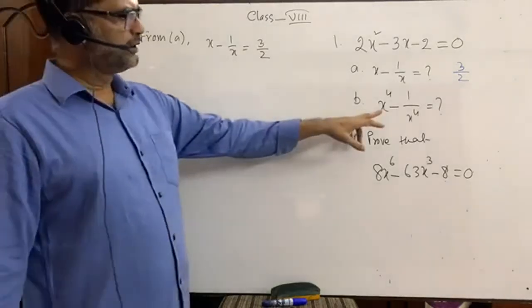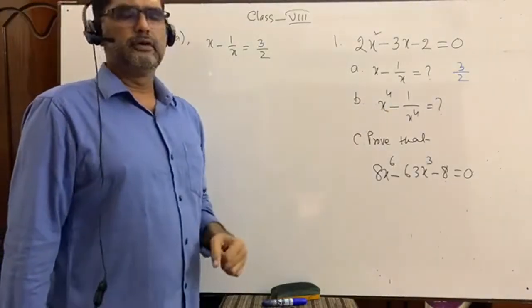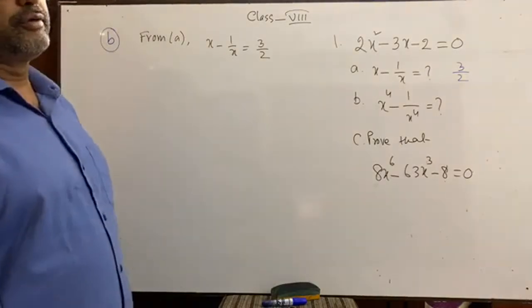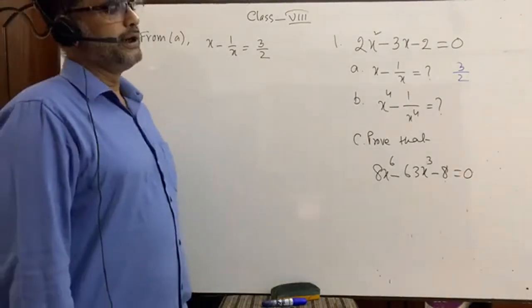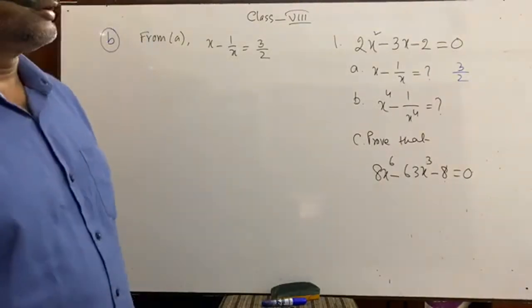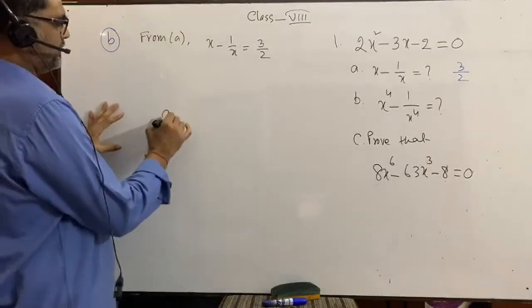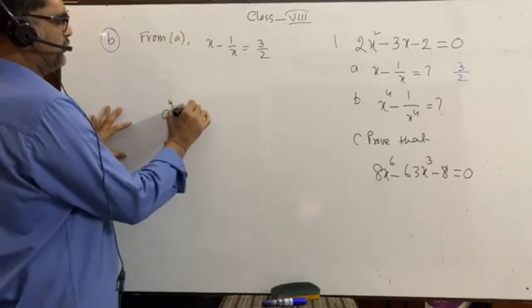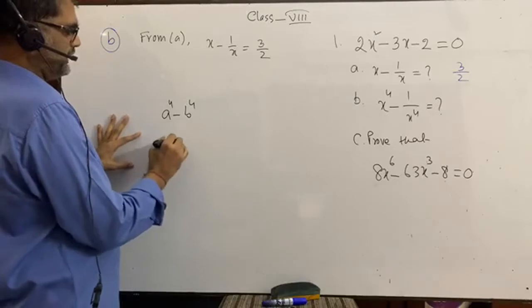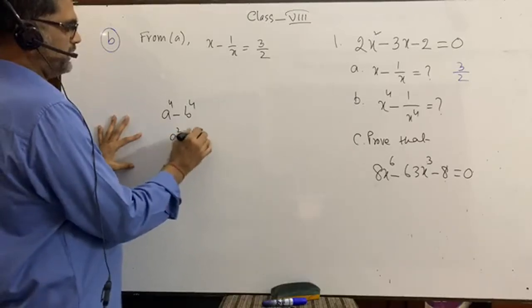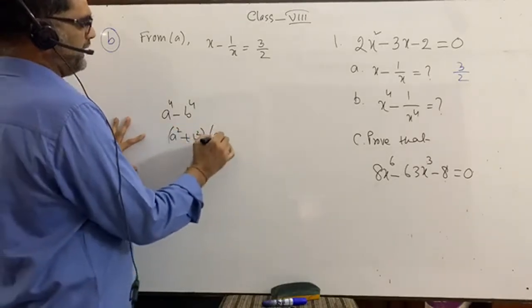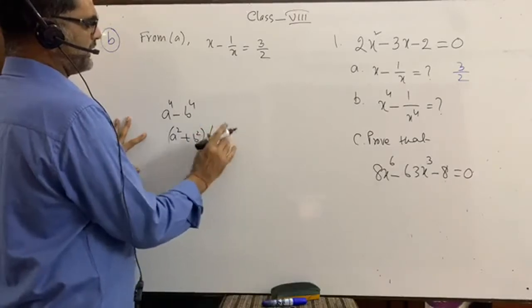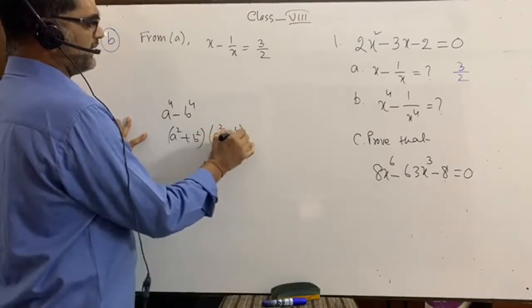Here we have x to the power 4 minus 1 by x to the power 4. So what will we need? It is a to the power 4 minus b to the power 4. Suppose it is a square minus b square like this.